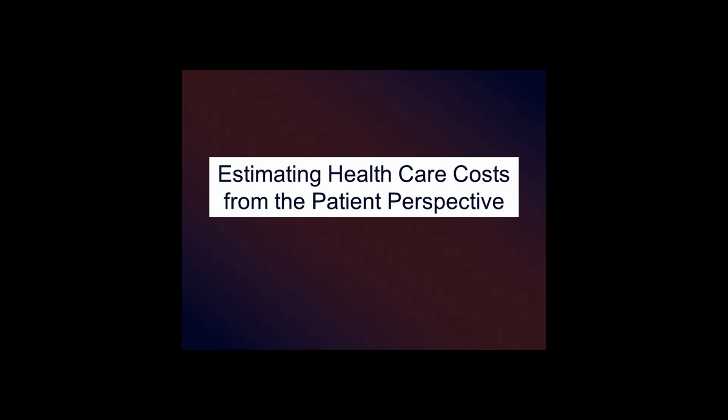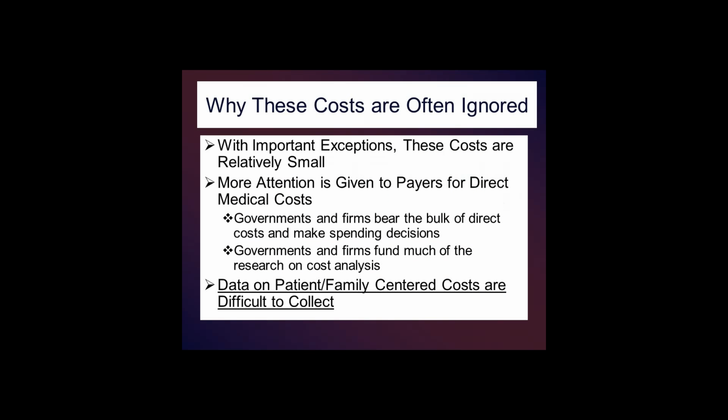Estimating healthcare costs from a patient perspective. This is one of my hobby horses. This doesn't get done very much. With important exceptions, the costs are relatively small relative to the direct healthcare costs, right? If you look at what people pay out of pocket, it's usually a fraction of what the cost of the services are.